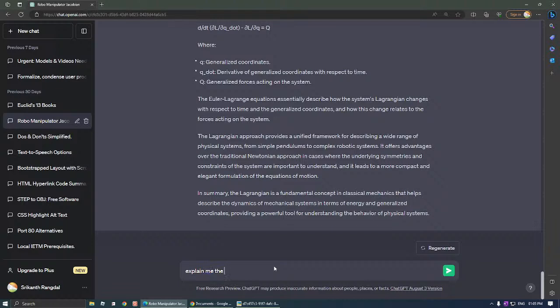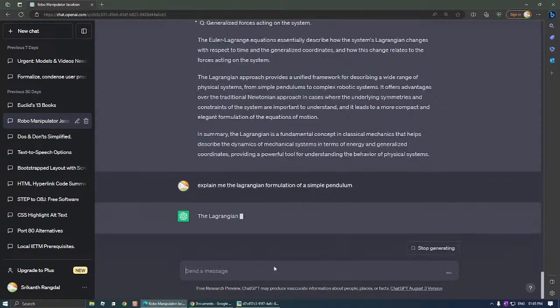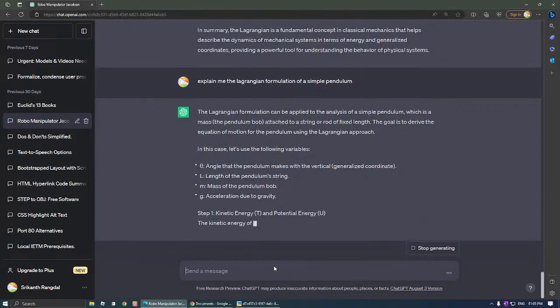Explain to me the Lagrangian formulation of a simple pendulum. All right, let's see if it will understand the question and do it.